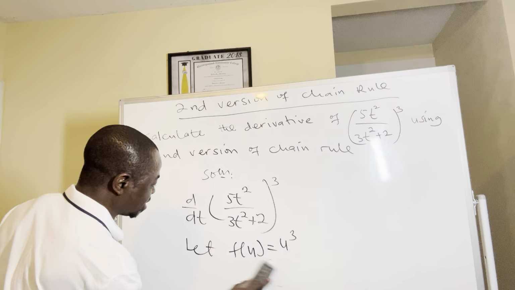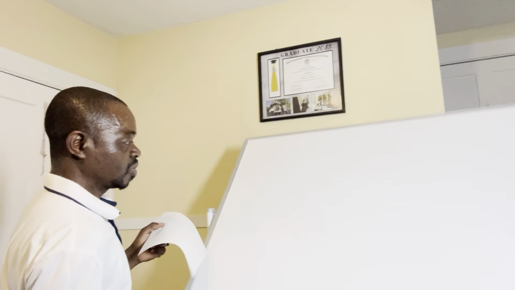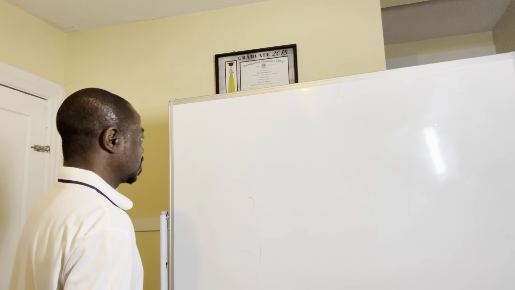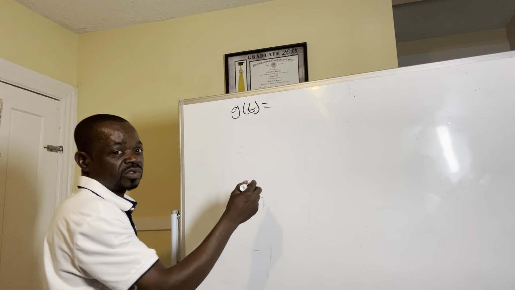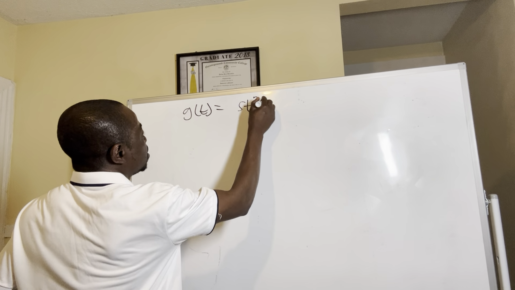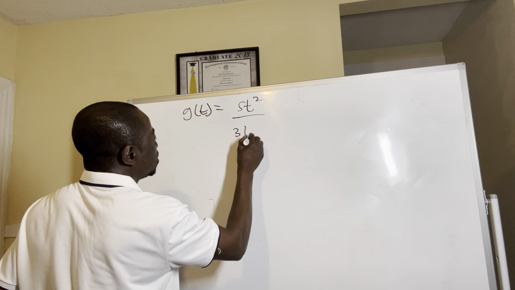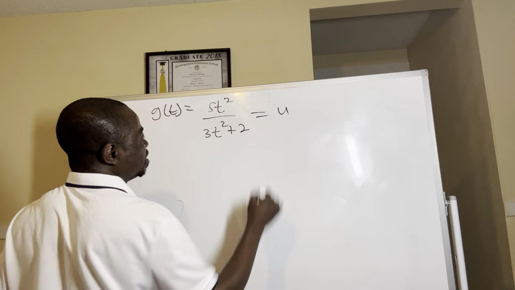Let me write it at the side. So I have g of t is equal to 5t squared all over 3t squared plus 2. This is the same thing as u.